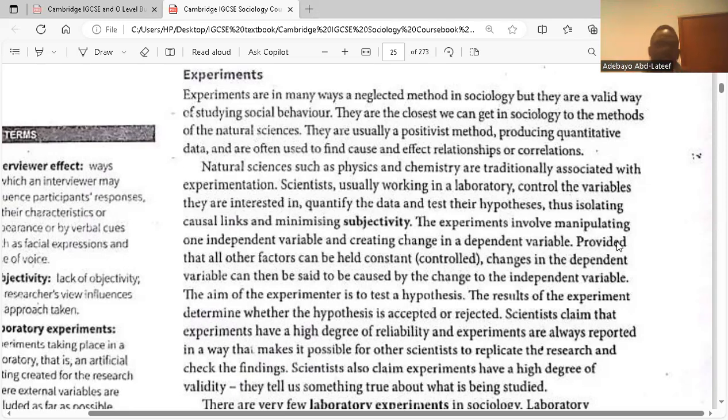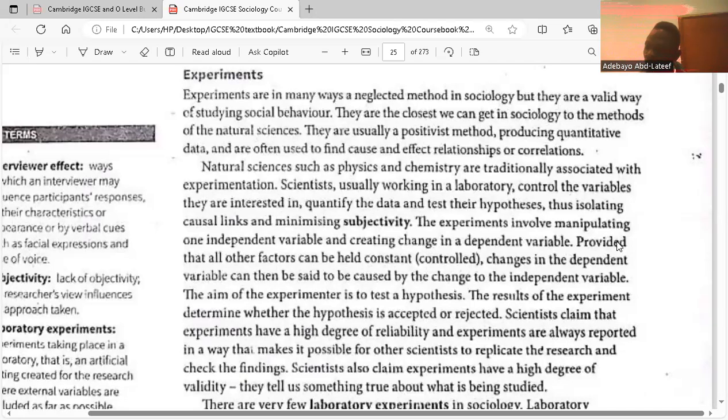We want to know why it happens, so how do we know why it happened? We have to make one factor variable, then the focus is on the other one. That is causes and effects. This thing has happened because this has made it happen, or because this is not working with it. That's the scientific approach.